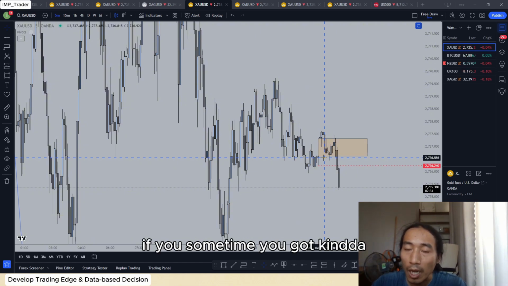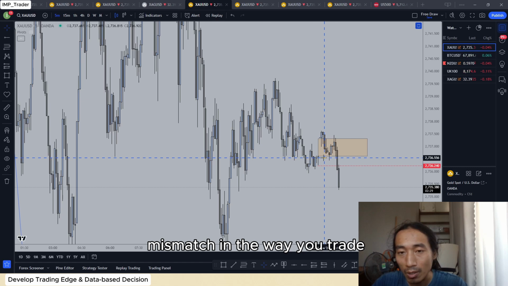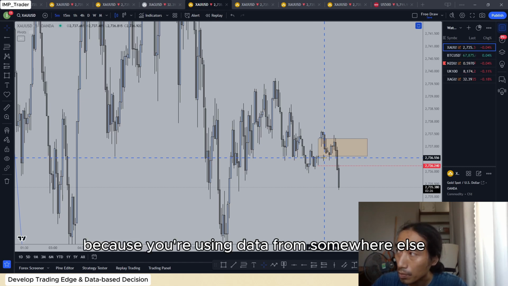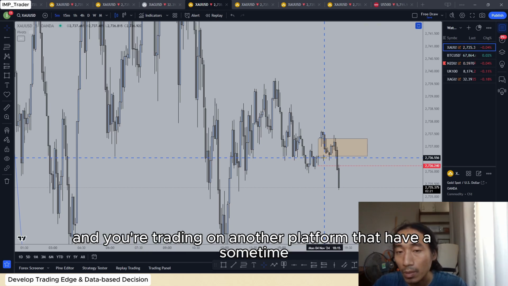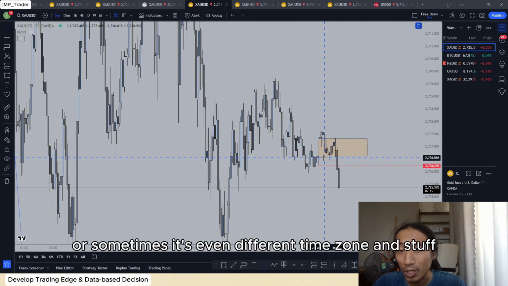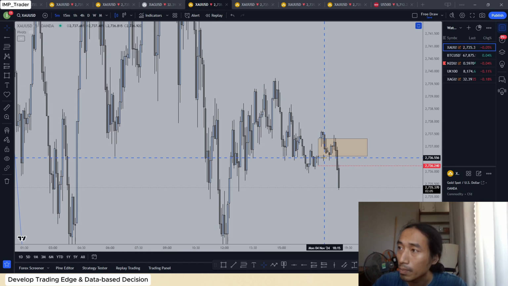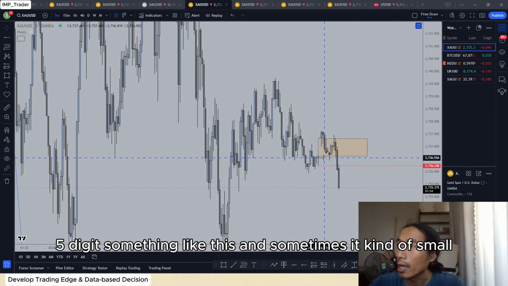Otherwise, you sometimes get a mismatch in the way you trade, because you're using data from somewhere else and trading on another platform that sometimes has a different opening time or closing time, or even a different time zone, or a different liquidity provider, or some brokers show 4 digits and some show 5 digits.